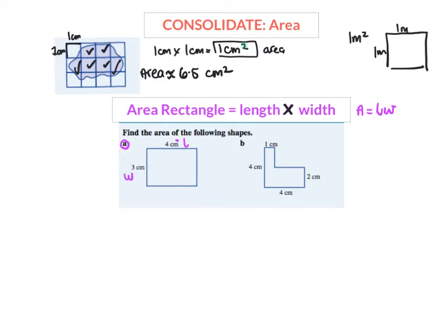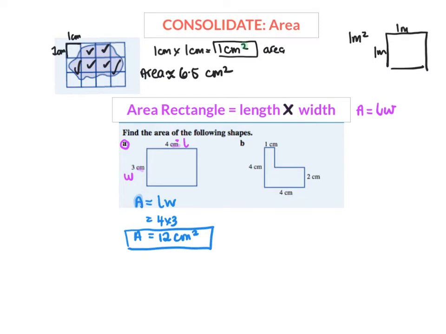We should be checking that they're in the same units, and if they're not, you need to make them. So off I go. I'm going to find the area of this rectangle. I'm going to write area equals length times width. Then I'll substitute in my numbers, and I'm going to say 12 centimeters squared because we're measuring an area in centimeters, so centimeters squared.